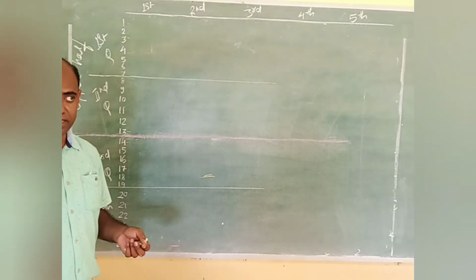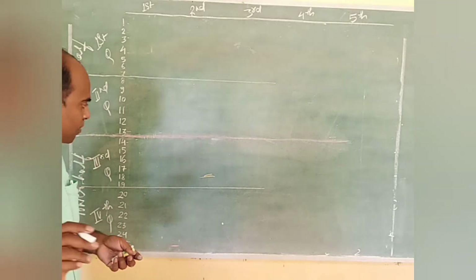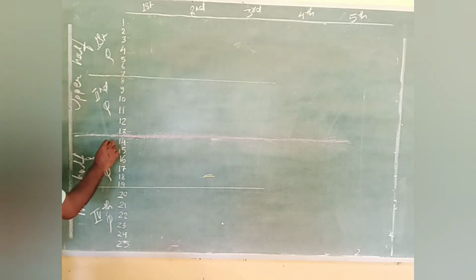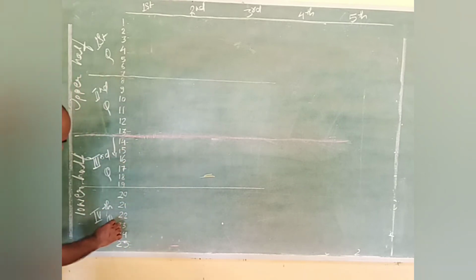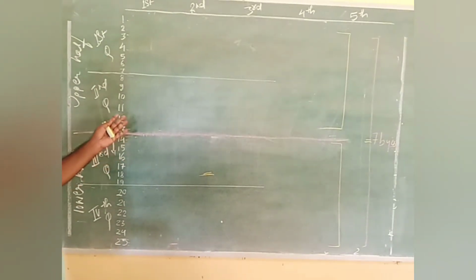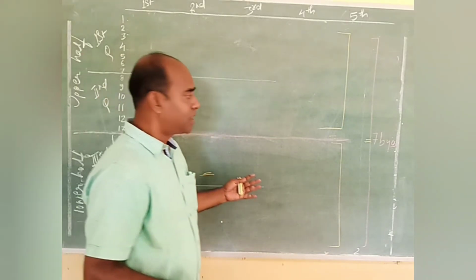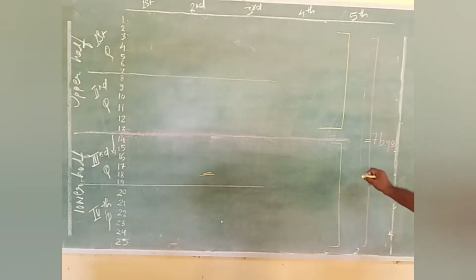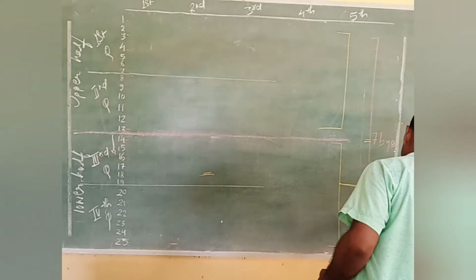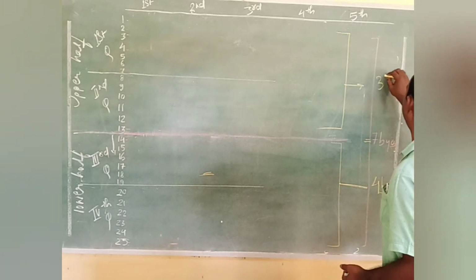As we have calculated, we have to give 7 byes in this format. 7 byes as a total, 4 byes will be given in the lower half, and 3 byes in the upper half.